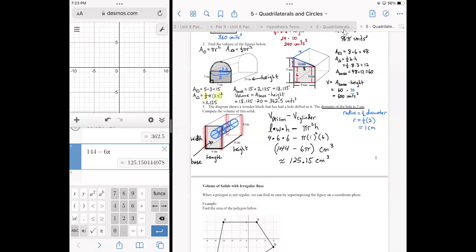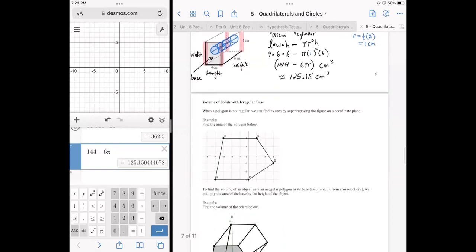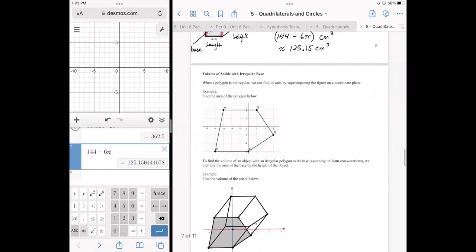So now we're looking for volumes of solids with irregular bases. The rationale behind the methodology on volumes with regular bases is that you can use that information to translate it over to this concept.